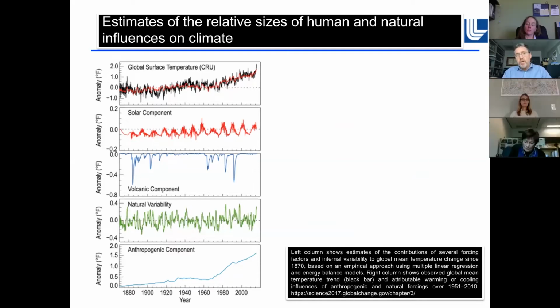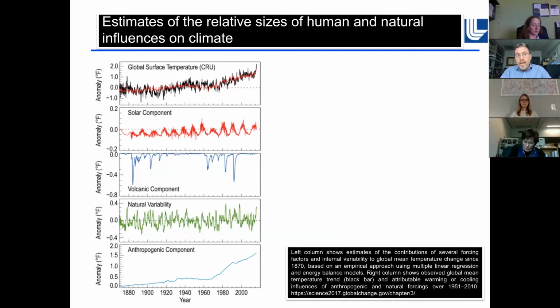second panel that there's no strong overall increase in the solar component of global mean temperature change over the 20th century. In the third panel in blue, you see the cooling that we discussed associated with major volcanic eruptions. The biggest blue spike there towards the right of the record, that's the cooling caused by Pinatubo.